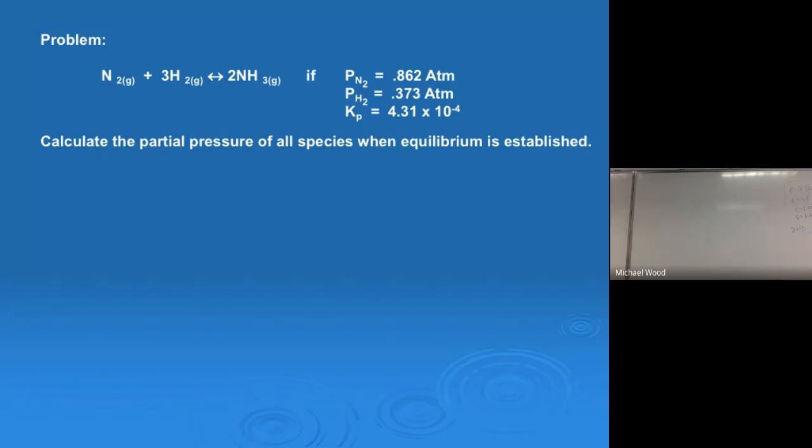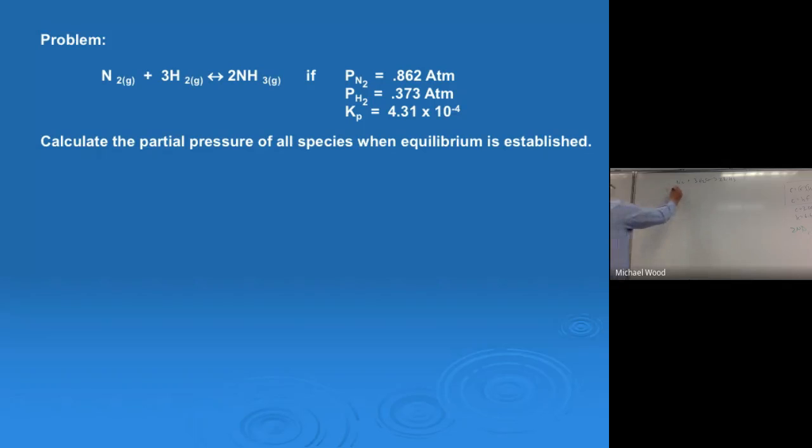So the question here is to calculate the partial pressure of all species when equilibrium is established. So I've got N2 plus 3H2. This is a more typical equilibrium problem. We're given the KP and the initial amounts of the N2 and of the H2.